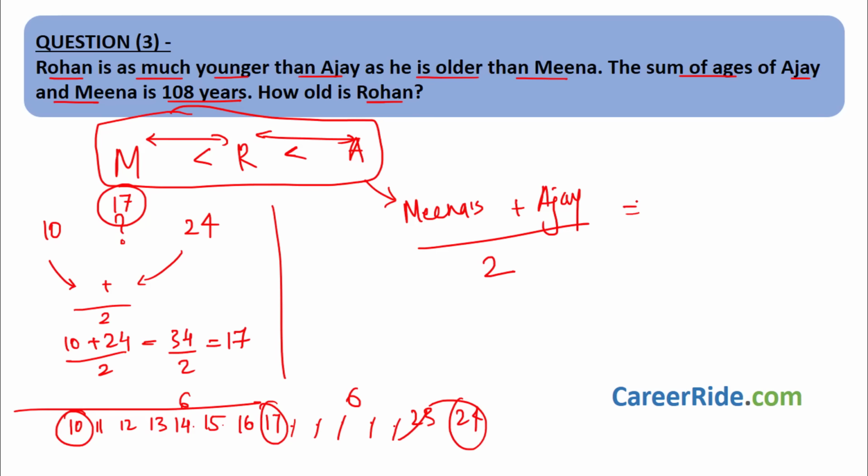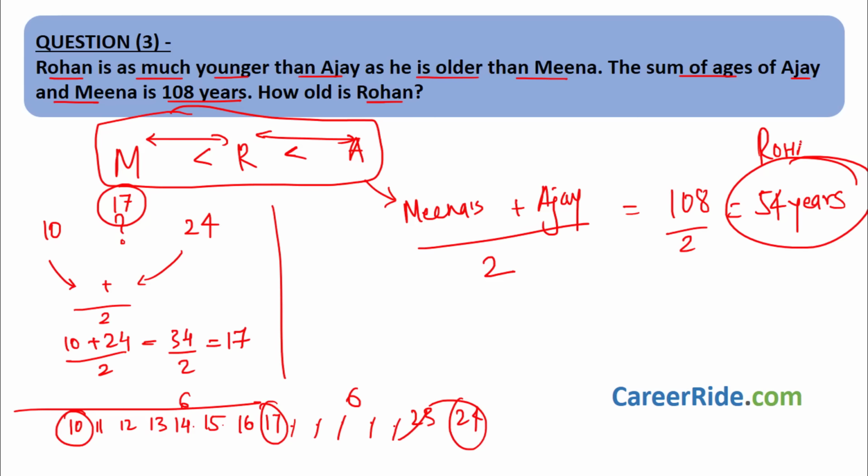But we already know that the sum of ages of Ajay and Meena is 108. So we will have 108 divided by 2 equal to 54 years. So how old is Rohan? Rohan is 54 years old. See how easy it was. With common sense we were able to solve this sum.